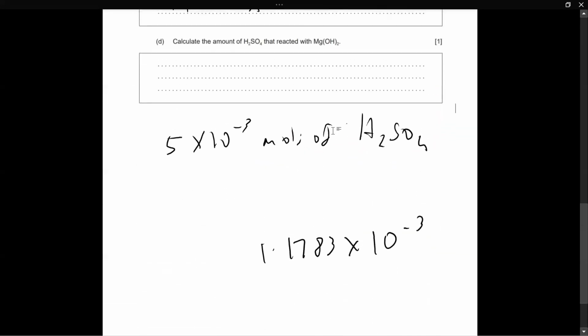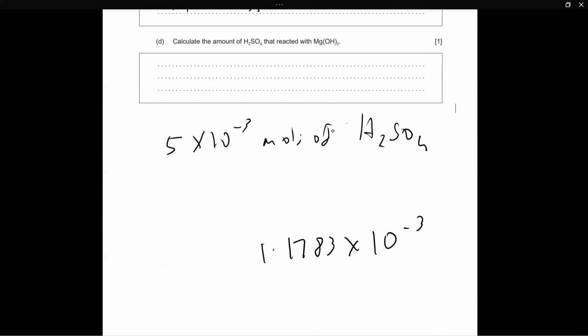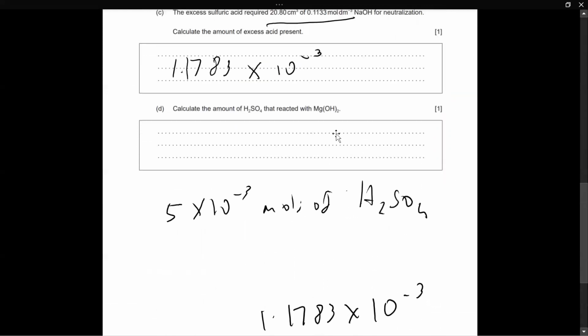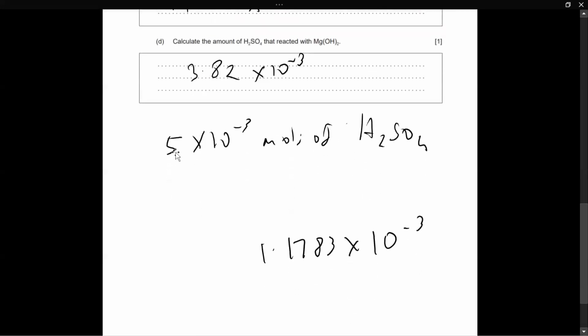It's just very simple math. We have to subtract this answer from this. And our final answer is 3.82 times 10 to the negative 3 moles of H2SO4 reacted with MgOH2.